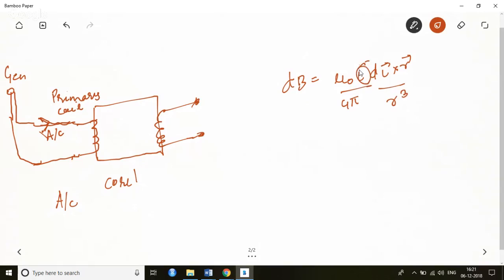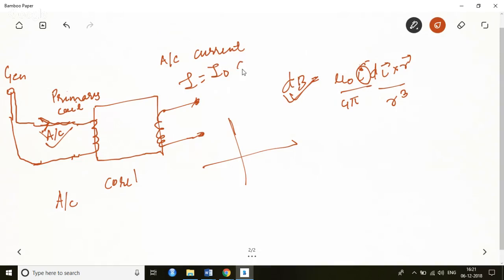If this I is changing, which it does in AC current, then the direction of the magnetic field changes. AC current is denoted like this: I is equal to I naught sine omega t plus phi.